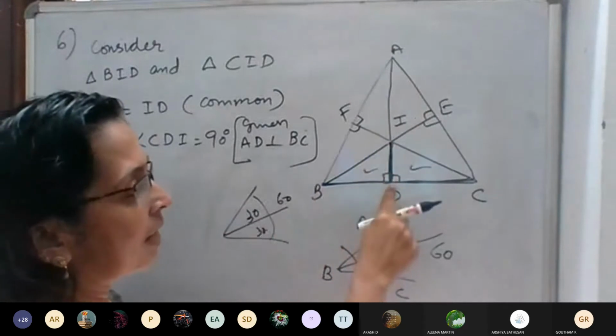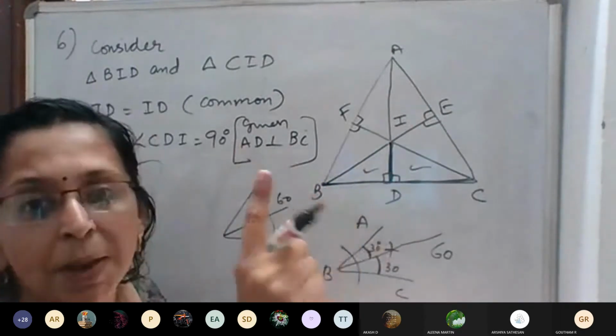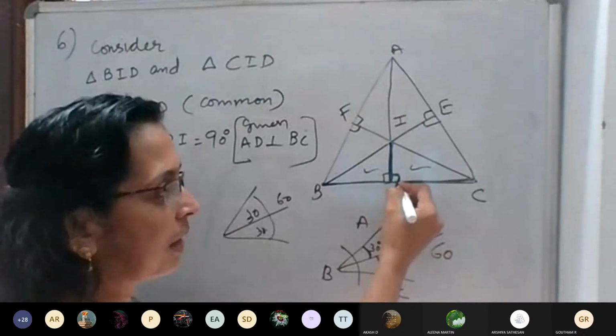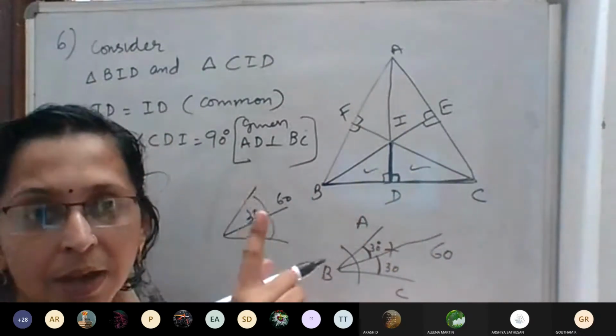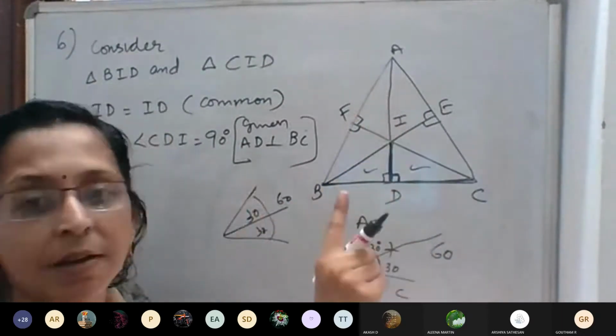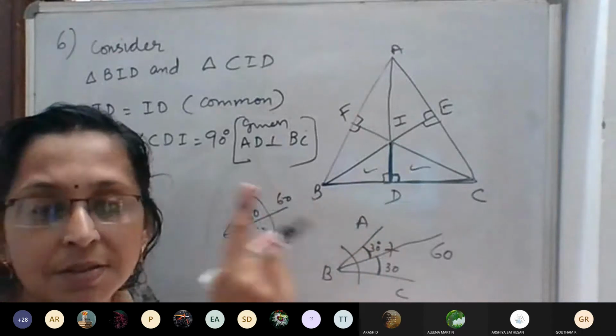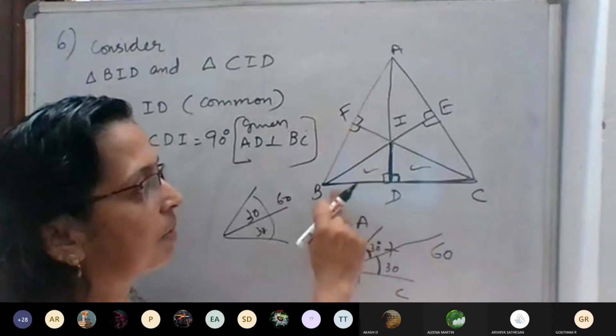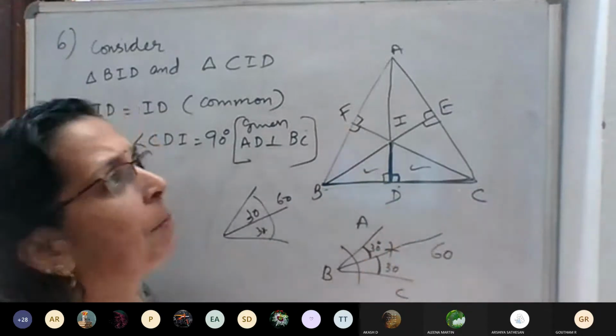So AD is the bisector. Perpendicular bisector of BC means 90 degree. Not only perpendicular. If AD is a perpendicular, we can write only 90 degree, but it is given as perpendicular bisector. Bisector means bisect means what? Tell me please.